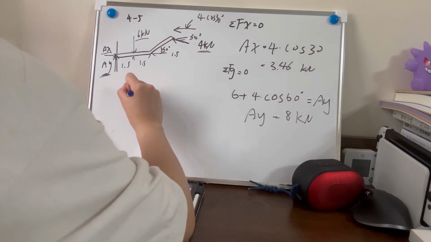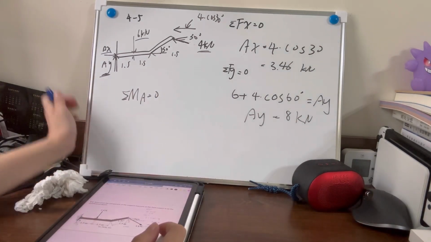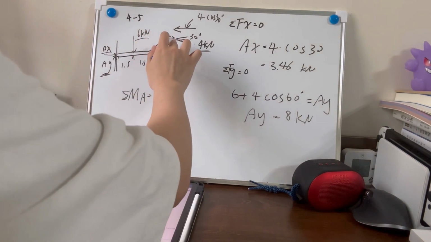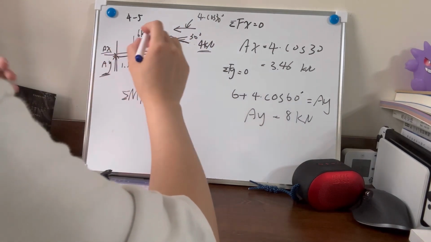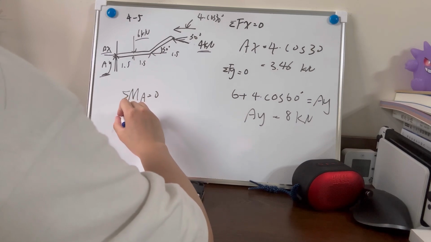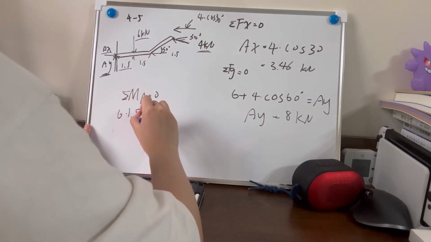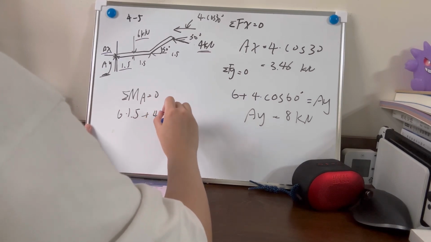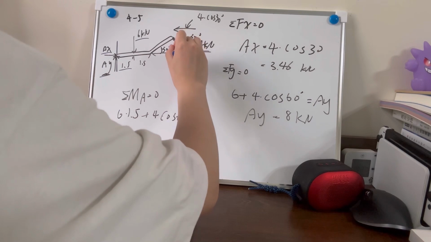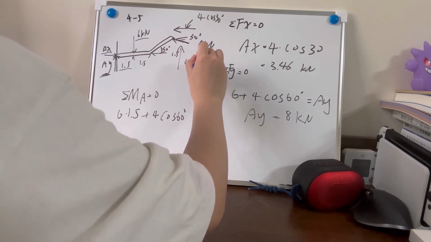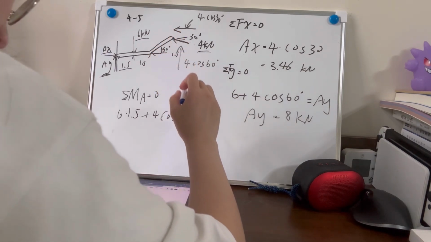And the summation MA here is equal to 0. So every force from the force here, and their distance is like 6 times 1.5 plus 4 times cosine 60 here, times the distance.